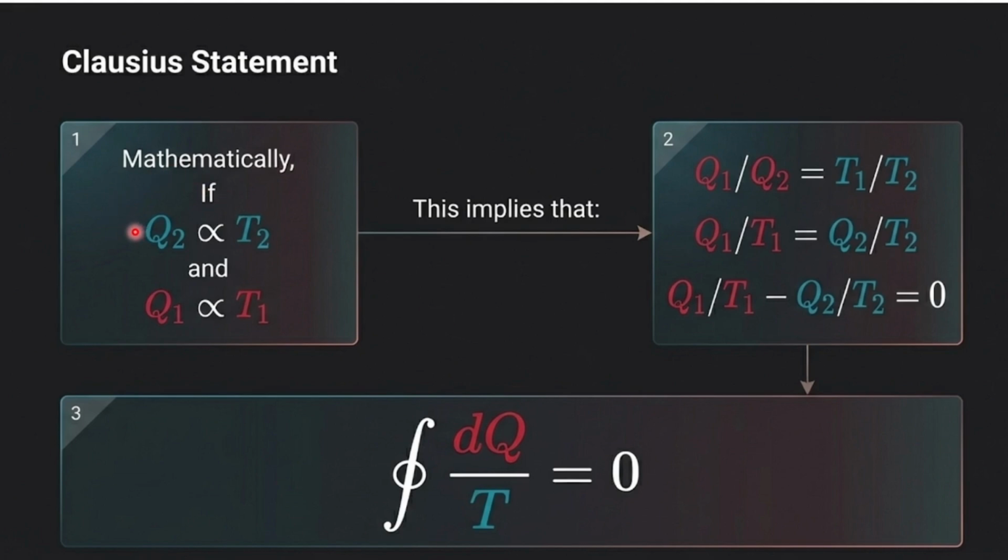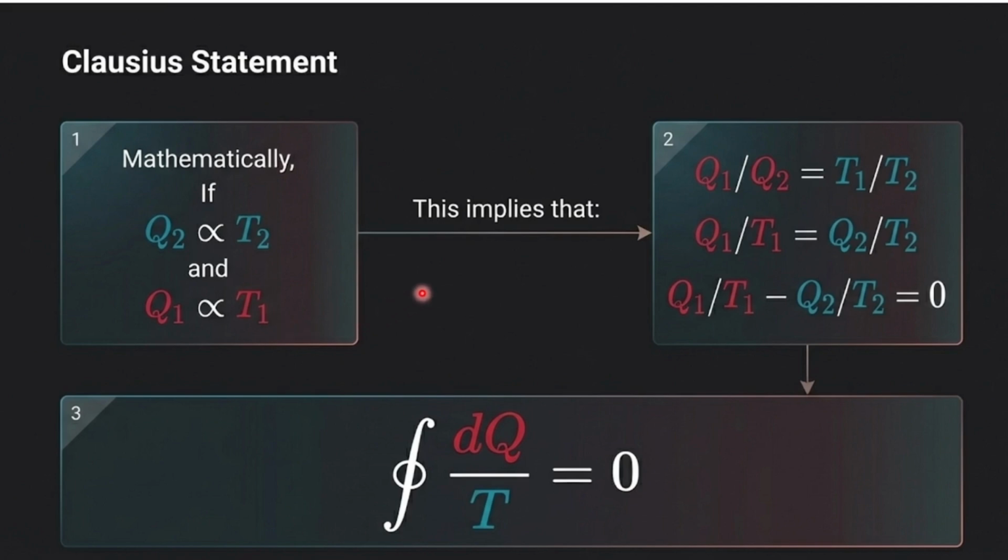So if we take both previous cases into consideration, let's say Q2 is the heat content of the sink and Q1 is the heat content of the source, the hot reservoir. The heat content of the sink would therefore be directly proportional to the temperature of the sink, and the heat content of the source will always be directly proportional to the temperature of the source.